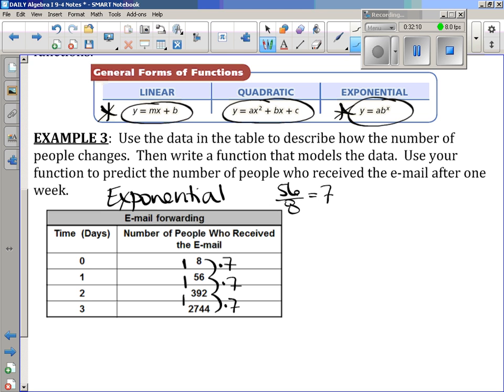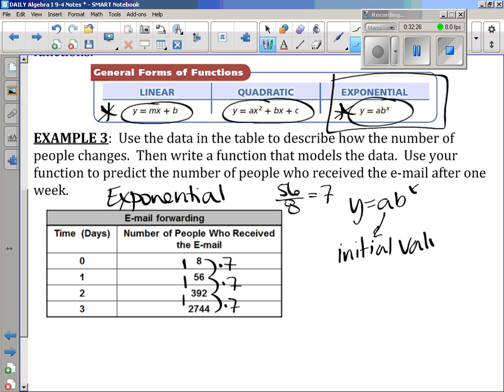And if it's exponential, then I'm going to use this function. So let's talk about what that function is and where I'm going to fill in the numbers. The a is the initial value, or where it starts. The b is your rate, or what you're multiplying by.